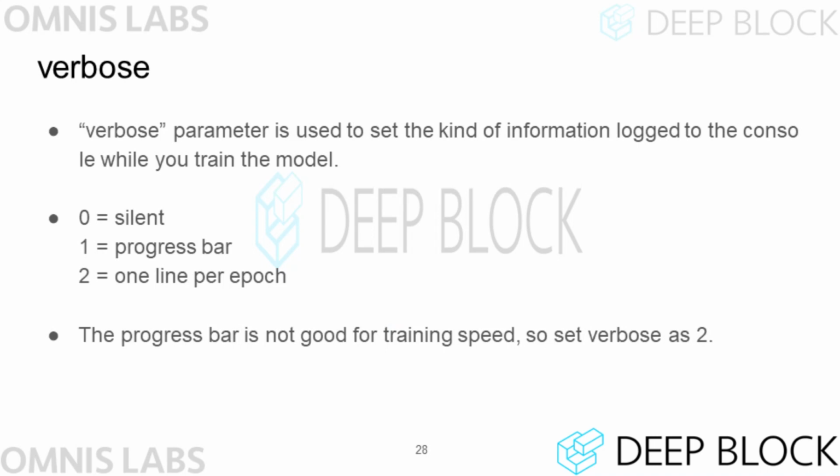The parameter verbose of fitGenerator also exists in the fit method. The verbose value determines what information is printed to the console during training. The default value of verbose is 1, but it is recommended to set verbose to 2. This is because loss and accuracy are printed every epoch, so there is no problem even if the progress bar is not printed.